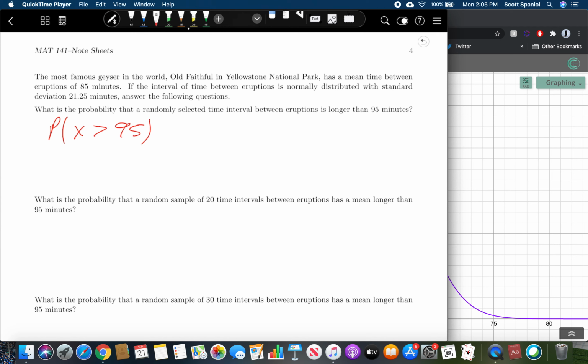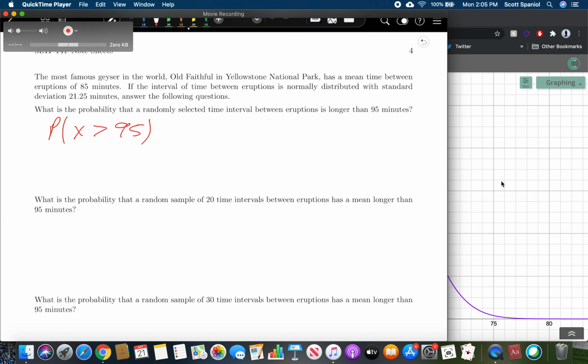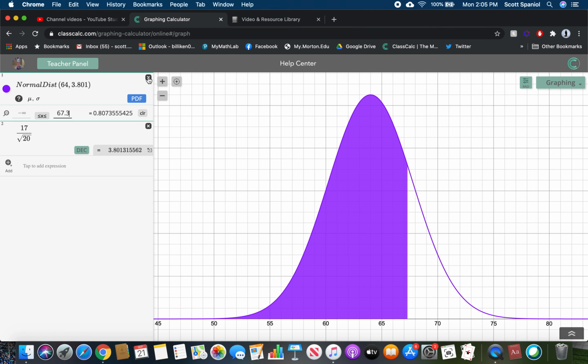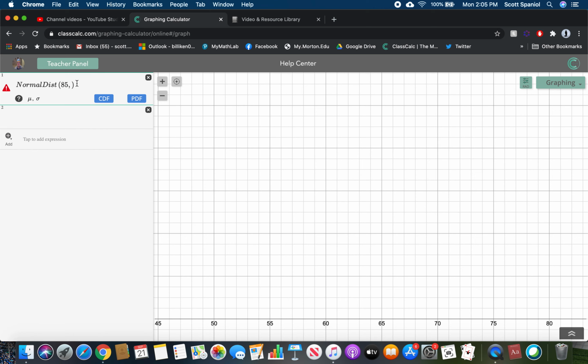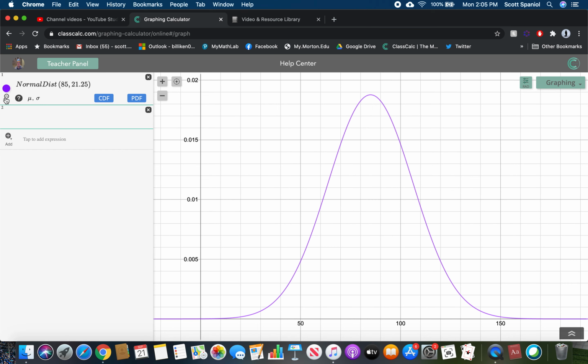So notice the word mean didn't get mentioned anywhere in this problem. So this one we would do exactly as we were doing them before. So let's just get rid of everything here. So we can just put in our mean and our standard deviation just like we were doing in chapter 7. So there's our graph.